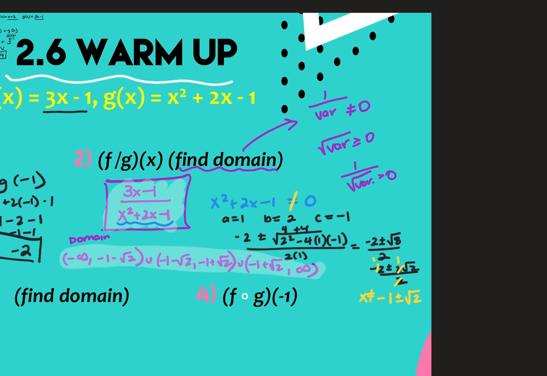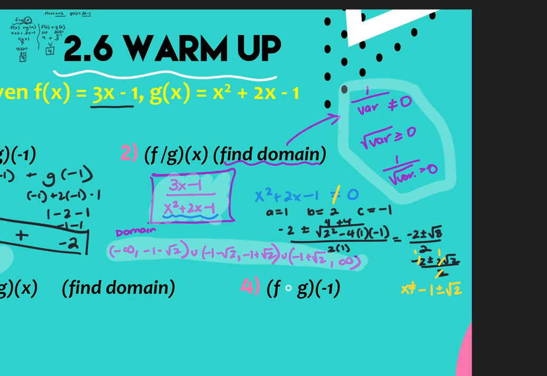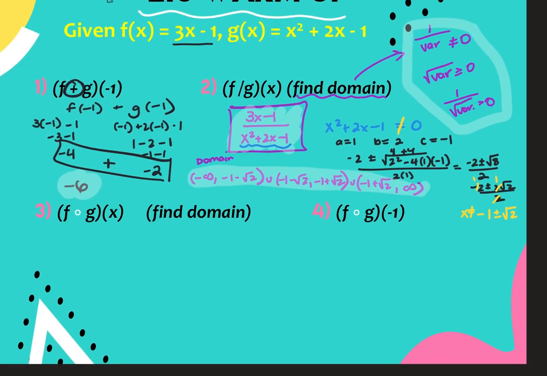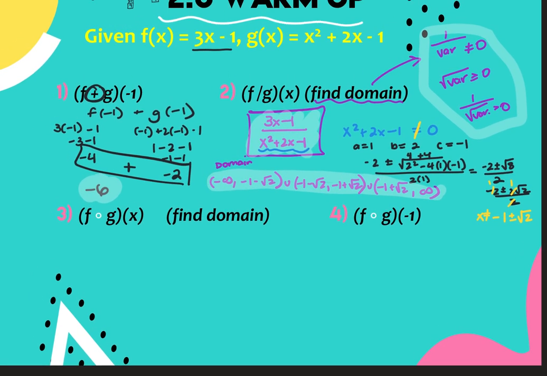So on the review for 2.6, you're also going to see just questions based on domain. And then you're going to see questions based on domain after composite and combined functions. So speaking of composite functions, this is that f of g, or g of f.